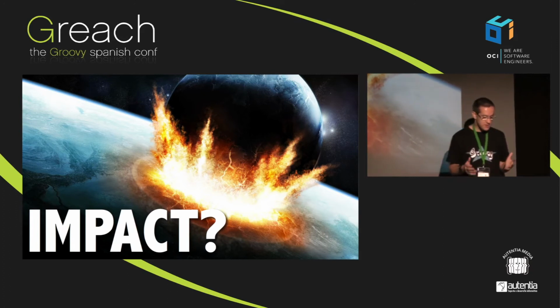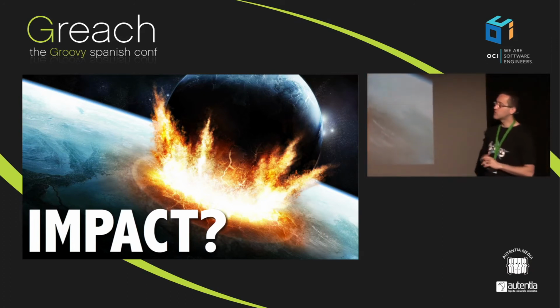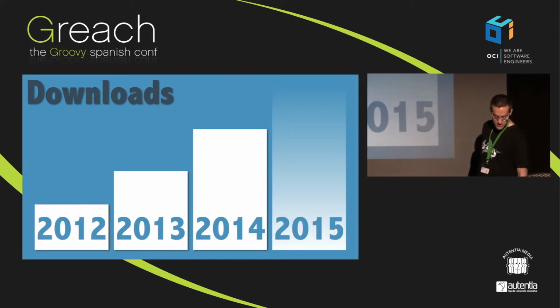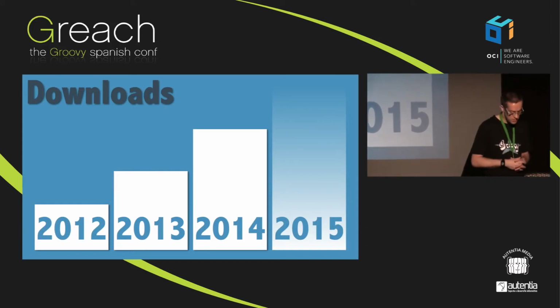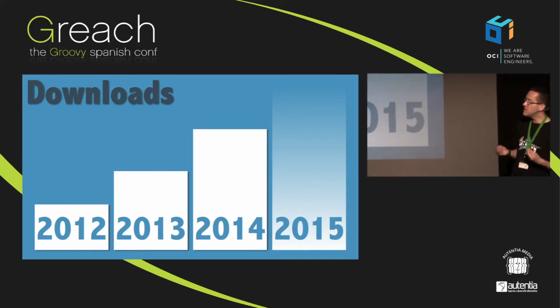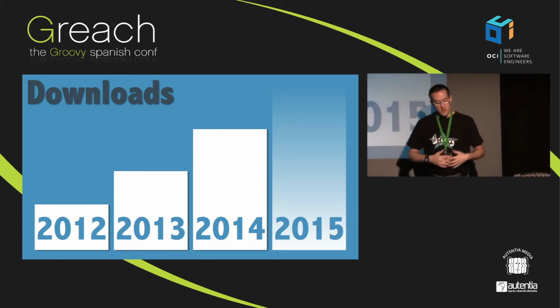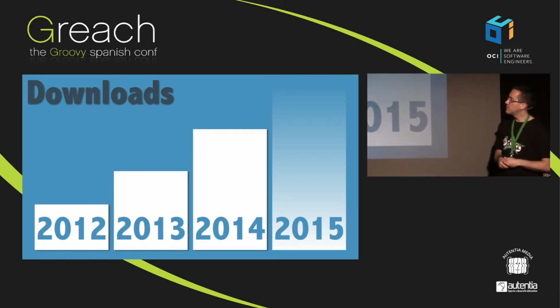With those two events combined, you might be thinking, oh, that's the end for Groovy. So what's going to be the impact for Groovy? If you look at an indicator like the download numbers, which for me is usually quite meaningful in terms of whether a project is used or not: if you've got increasing downloads, the project is used more and more by your users.